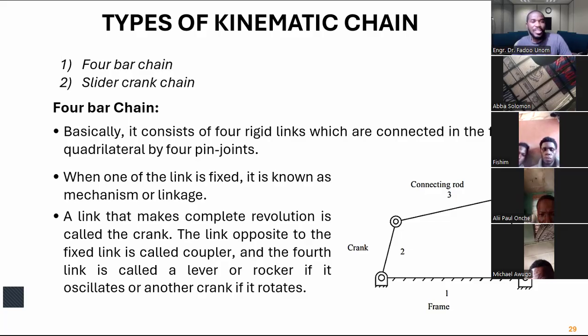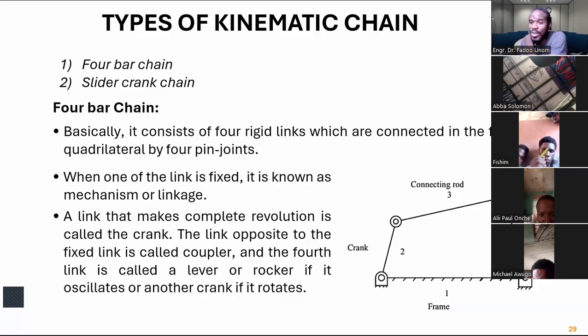Then there is the fourth link that connects the rocker or the lever, and that link is called the connecting rod. So this is the kind of thing, and one example is your piston.